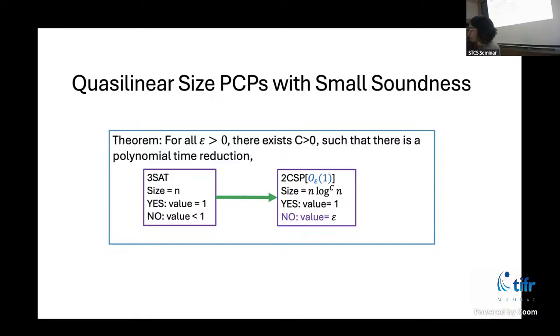If I want to prove a lower bound on the length of the proof with a certain number of queries, is this an algorithmic question or an information theoretic question? It's algorithmic. You have to show that the verifier can check whatever question it was, over time, how long it takes.